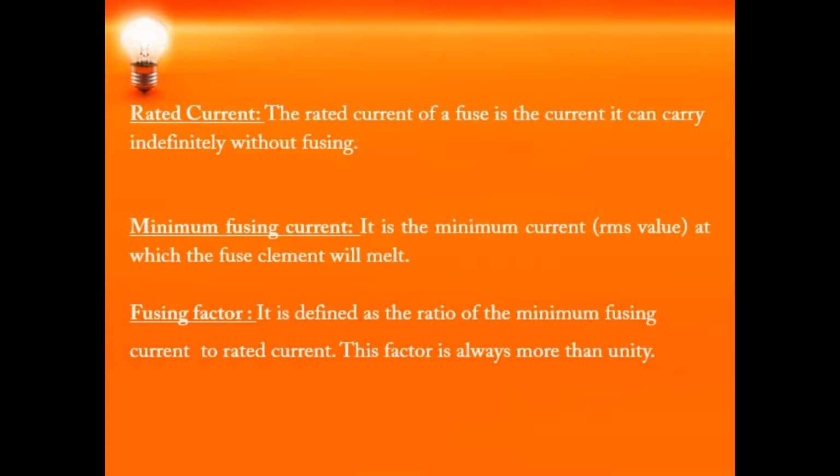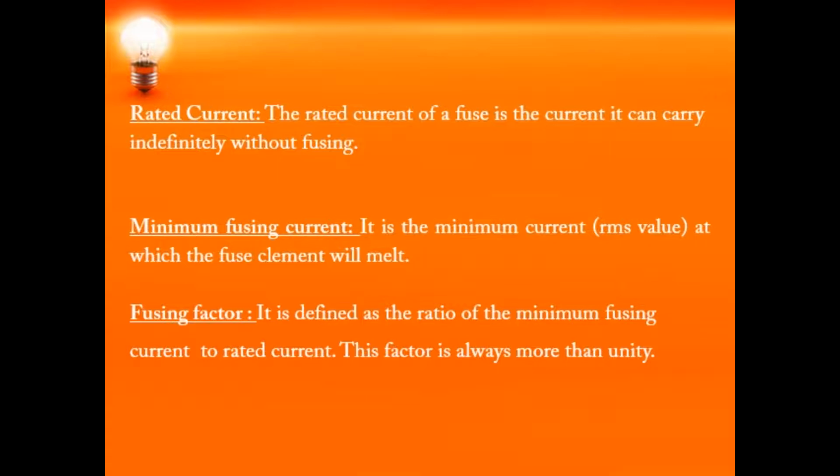Whereas the minimum fusing current is the one at which the fuse element will melt. Obviously, if the fuse element has to melt, the current has to be above the rated current, is it not? So this minimum current at which the fuse element will melt is called the minimum fusing current, and this minimum current is measured in terms of the RMS value.